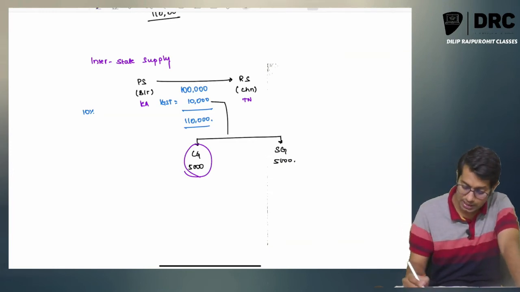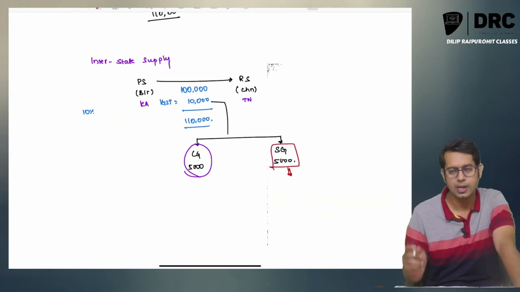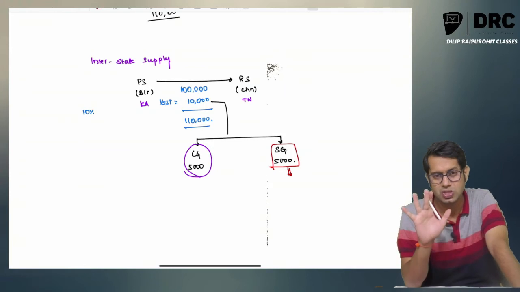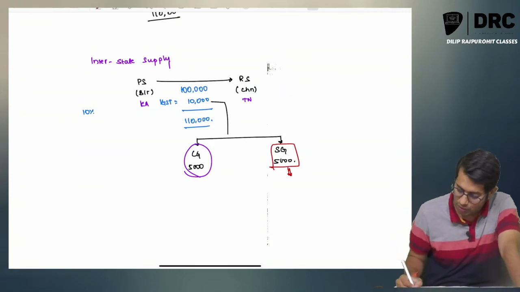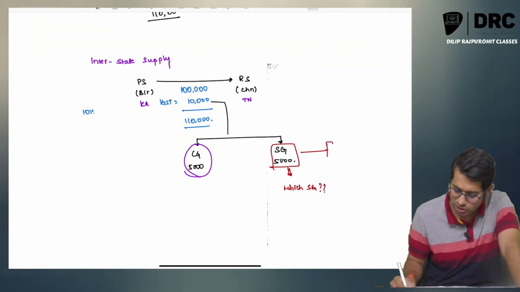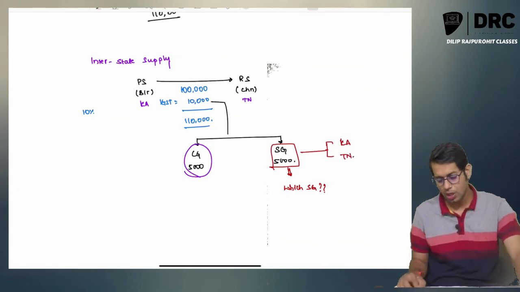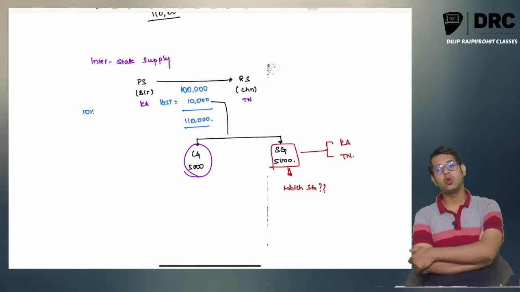Now the question is, the other 5,000 rupees which is going to the state government will go to which state government? Will this amount go to the state government of Karnataka, or will it go to the state government of Tamil Nadu? We are not talking about the central government share.